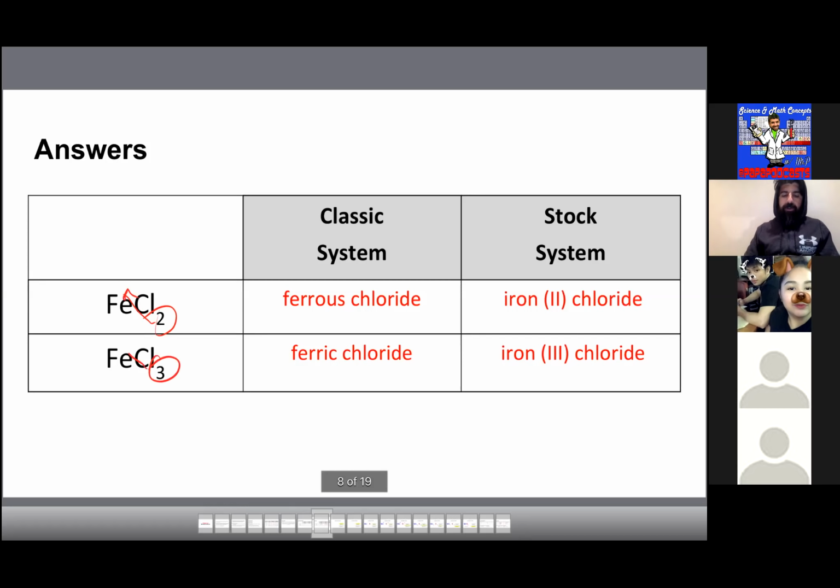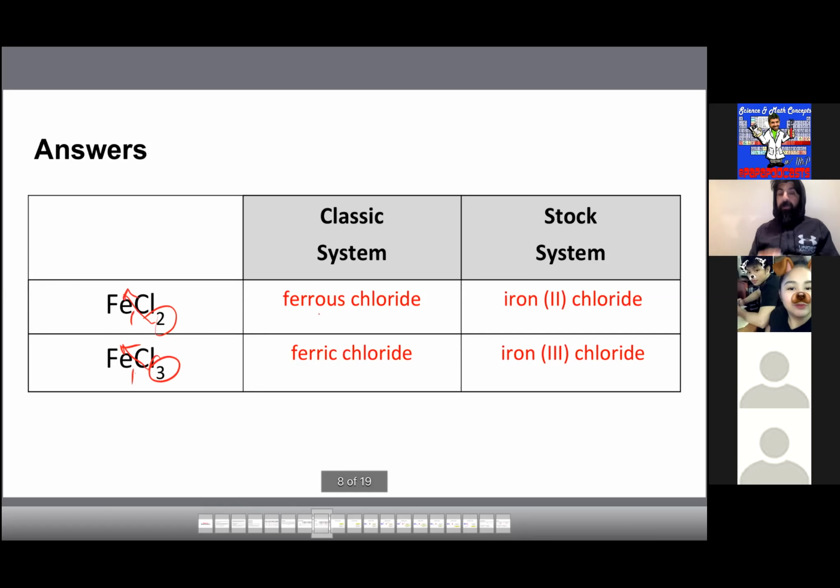And this 3 also came from here. There's no number here, so there were originally 1s that were removed, so those 1s go back. So we're using the +2 for this iron, and the +3 for the bottom iron.